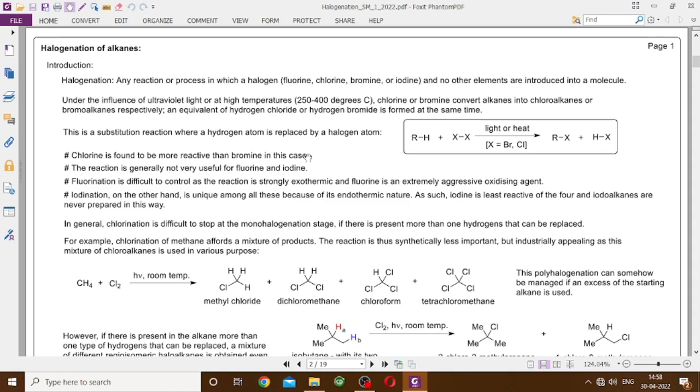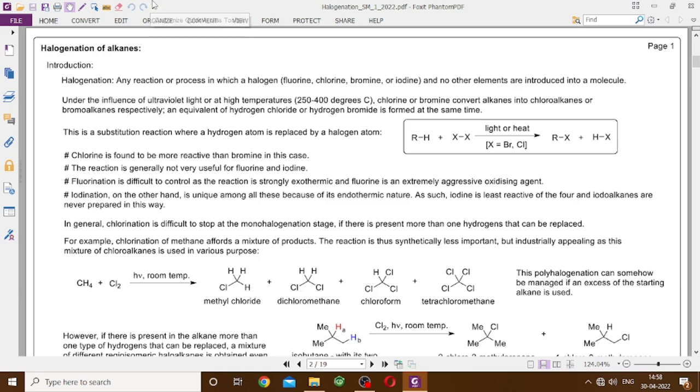So halogenation is defined as a reaction or process in which a halogen is included into a molecule and no other element is included. It is a very well-known reaction that if we expose an alkane to high temperature, like 250 to 400 degrees centigrade, or UV light, and mix it with chlorine or bromine, then it leads to the formation of halogenated alkanes and an equivalent of hydrogen chloride or hydrogen bromide is also formed at the same time.